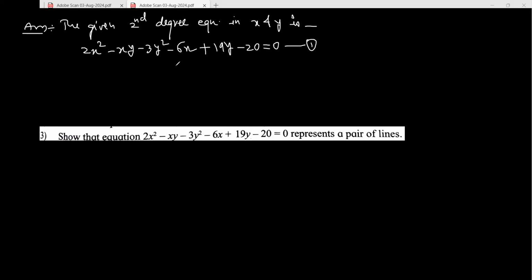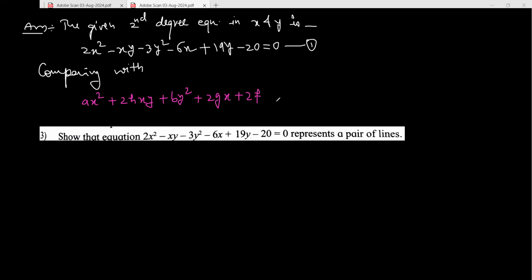Okay. Now I will compare this with the general second degree equation in x and y, which is ax square plus 2hxy plus by square plus 2gx plus 2fy plus c equal to 0, right?